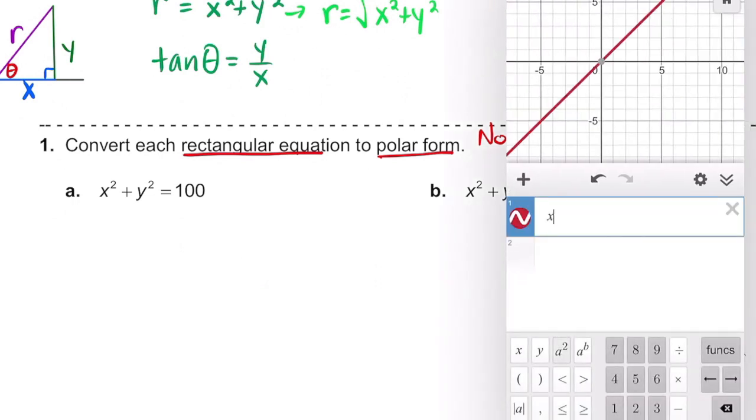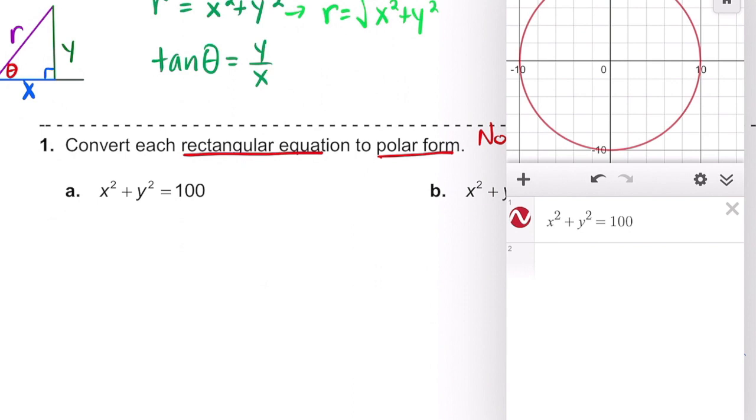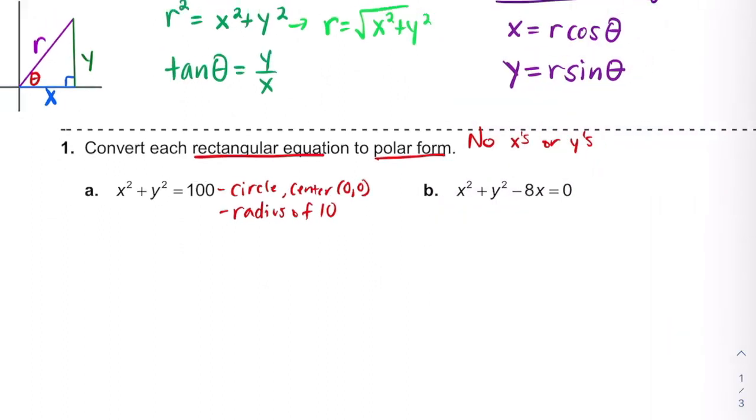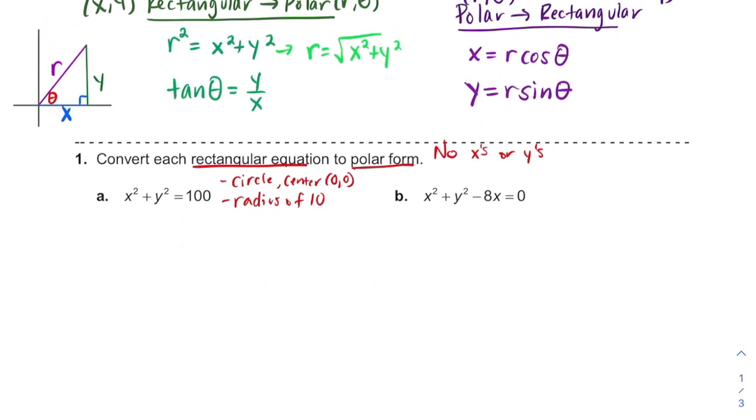This is x squared plus y squared equals 100, which is a circle, and it has a center at (0, 0) and a radius of 10. So now this will help us have a basis as we start to think about what features this had and how that shows up in our polar coordinates.